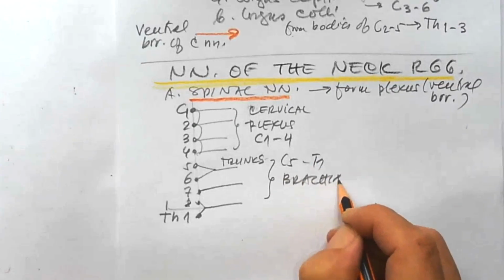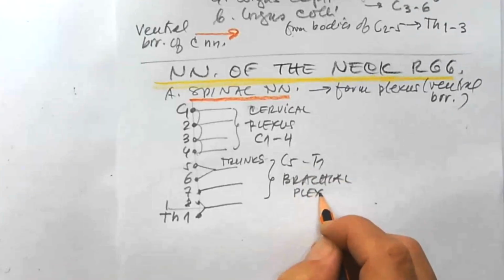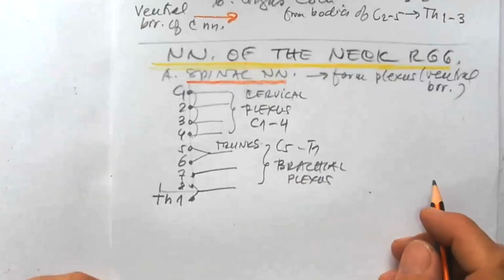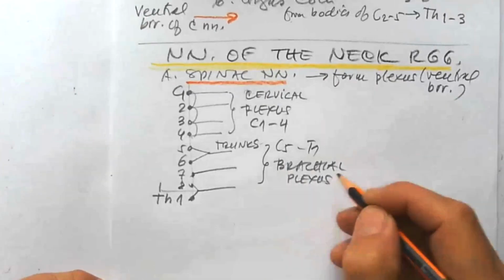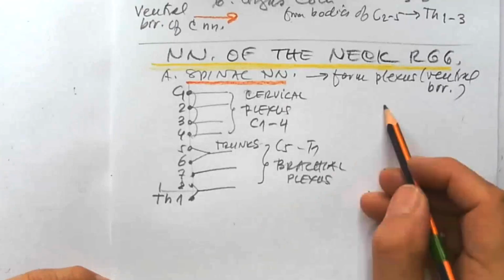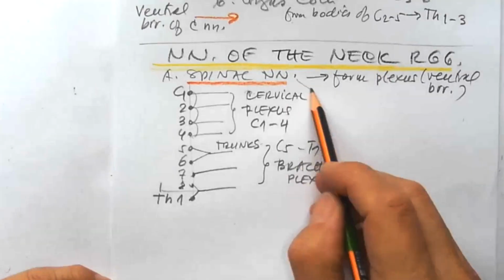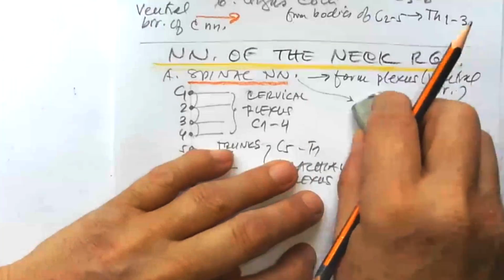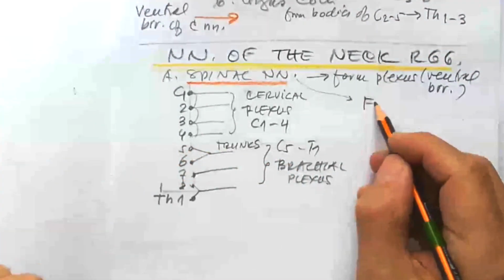The brachial plexus doesn't supply the nerves or muscles of the neck, but they pass through the neck. And the spinal nerves contain the fibers, or neurons. You can see also neurons, fibers.